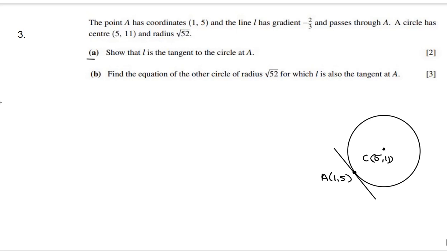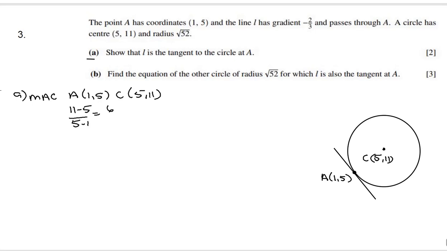And so let's try that. So the slope of AC is going to be, if I've got the point A and the point C, if I find those two slopes, it's going to be 11 minus 5 over 5 minus 1.